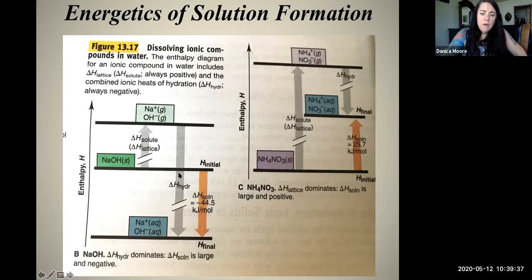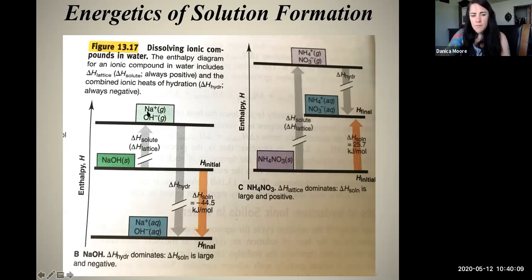But when we hook it up with water, we get a lot of energy back, right? So this is a negative delta H of solution. This is why our container gets so warm when we try and dissolve sodium hydroxide. Does that make sense, guys? Cool.